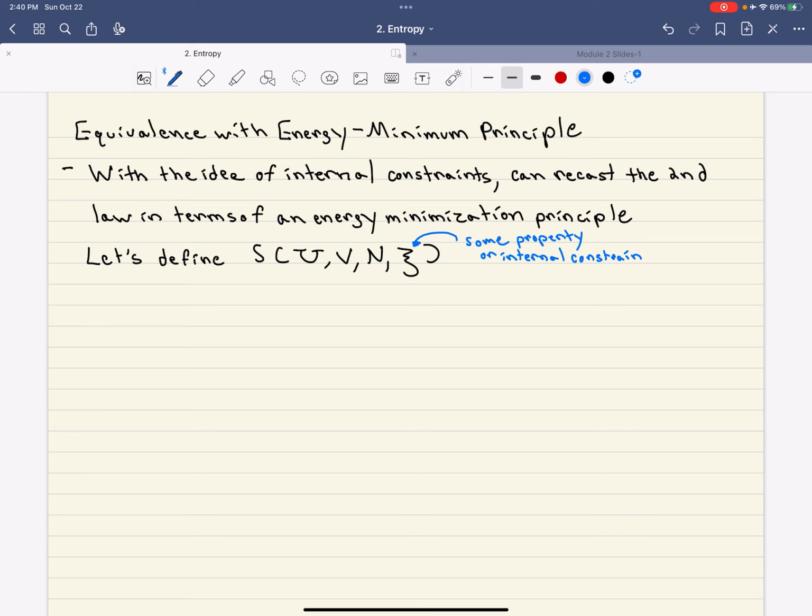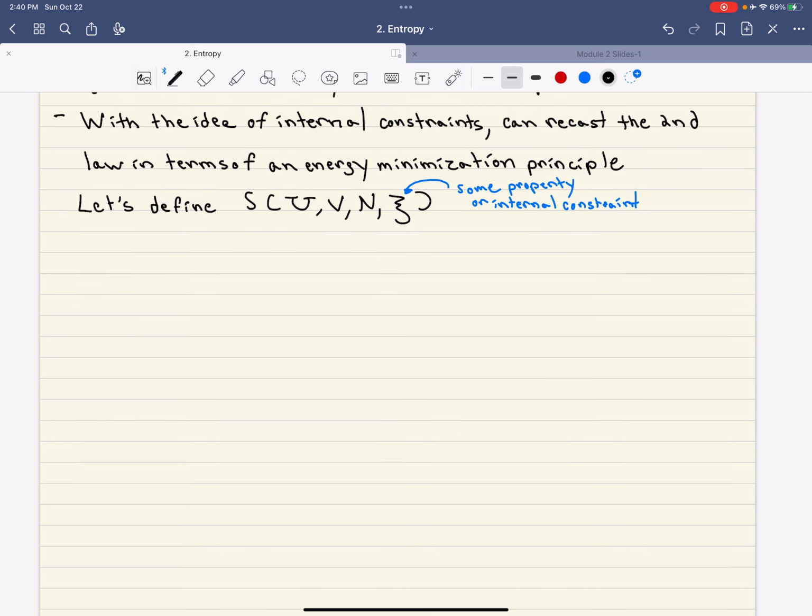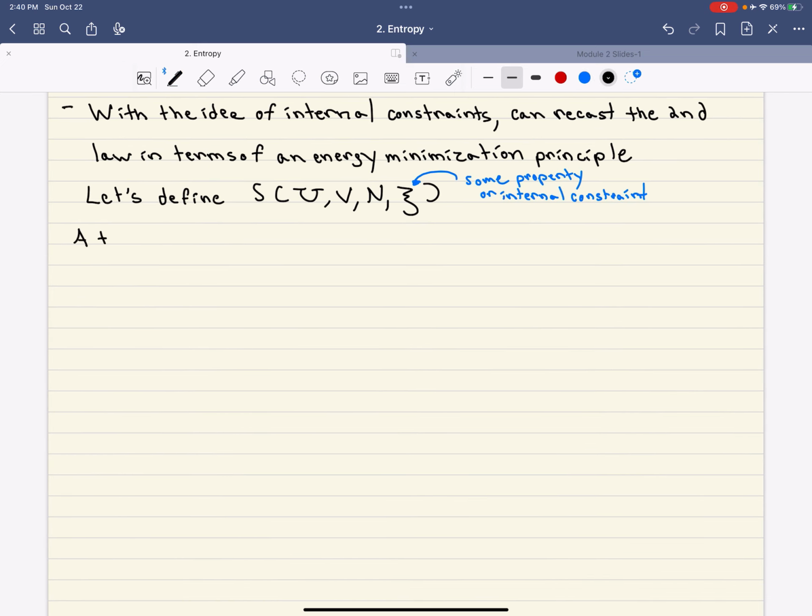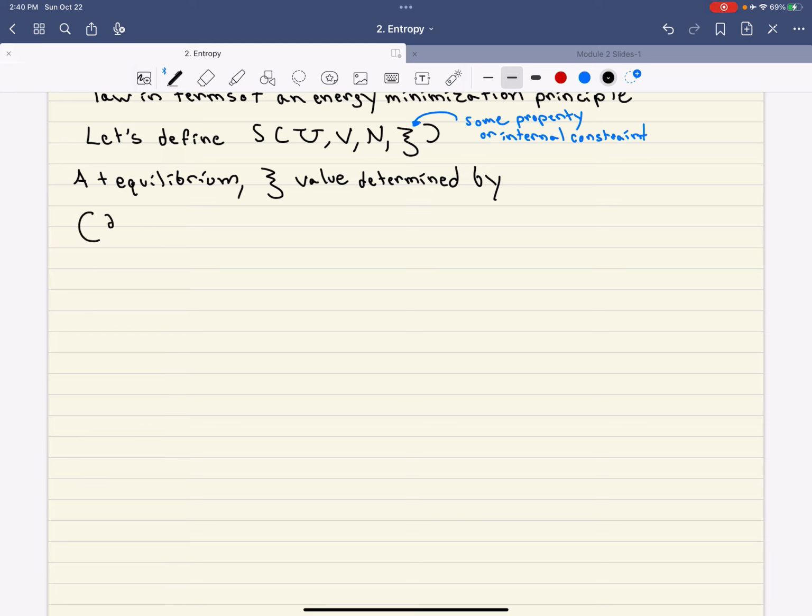Okay. And so based on what we saw before, we know that at equilibrium, the equilibrium psi value would be determined by the entropy maximization relationships, such that dS/dpsi at constant U, V, and N would be equal to 0.